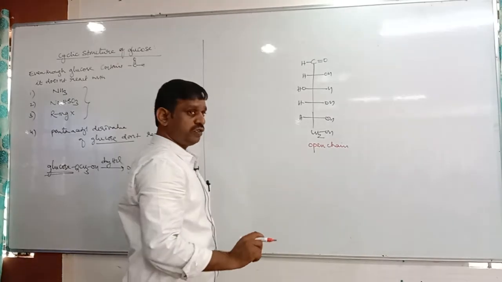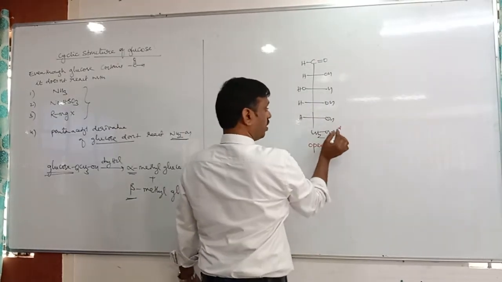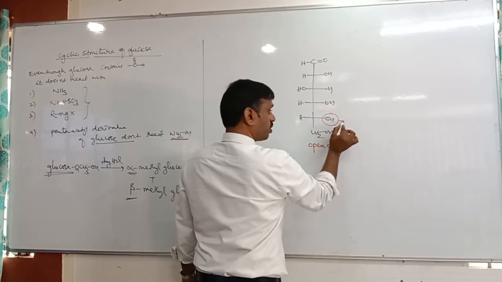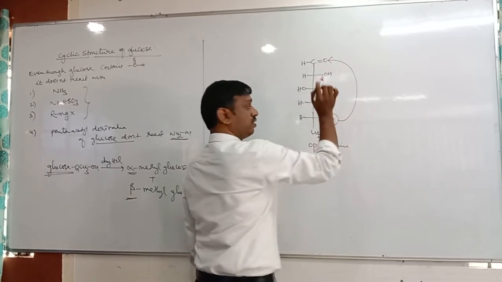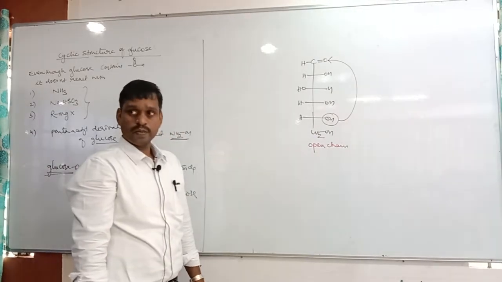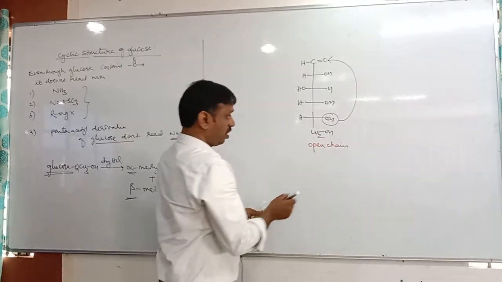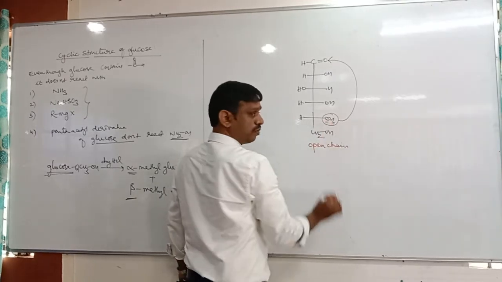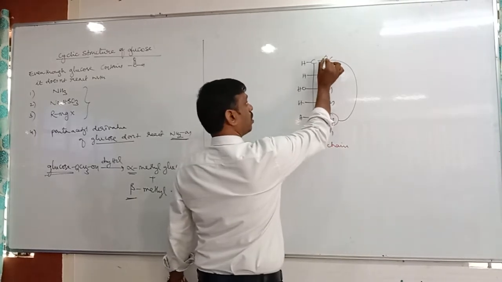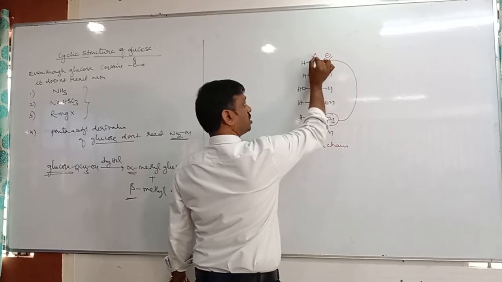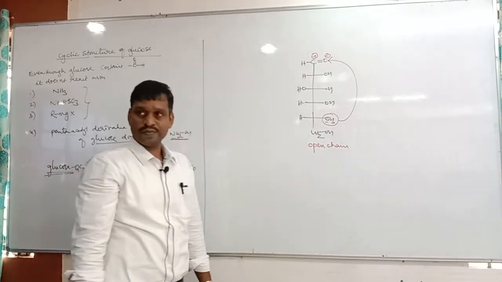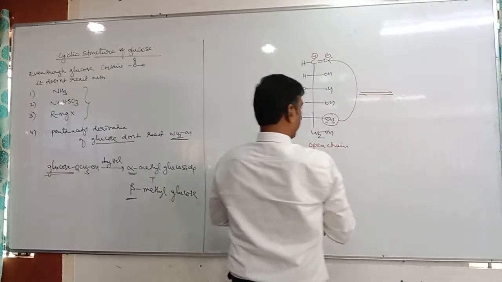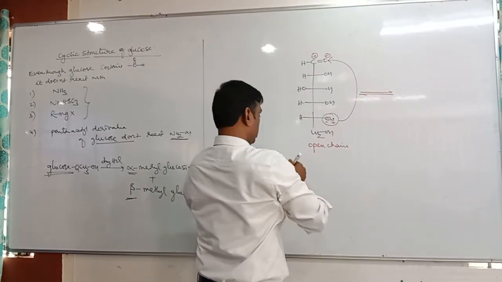In cyclic formation, this aldehyde group interacts with the fifth carbon OH, or the fifth carbon OH interacts with the aldehyde group. How? In the fifth carbon OH, O is negative, H is positive. Here, O is negative, C is positive. It is just an addition reaction. If this H plus is shifted here, what does that O become?